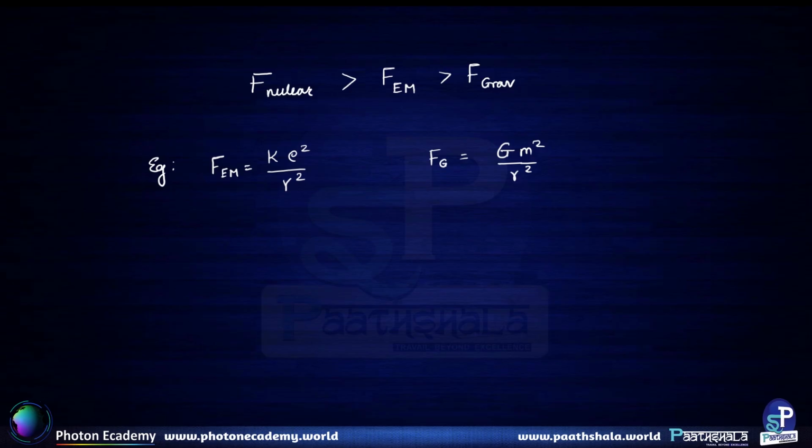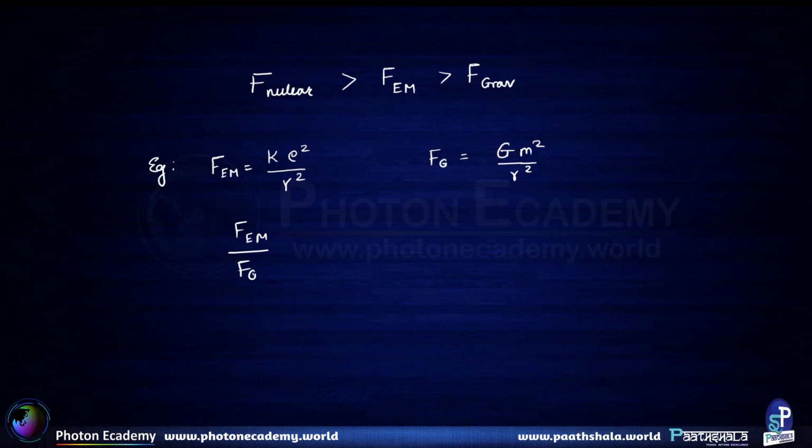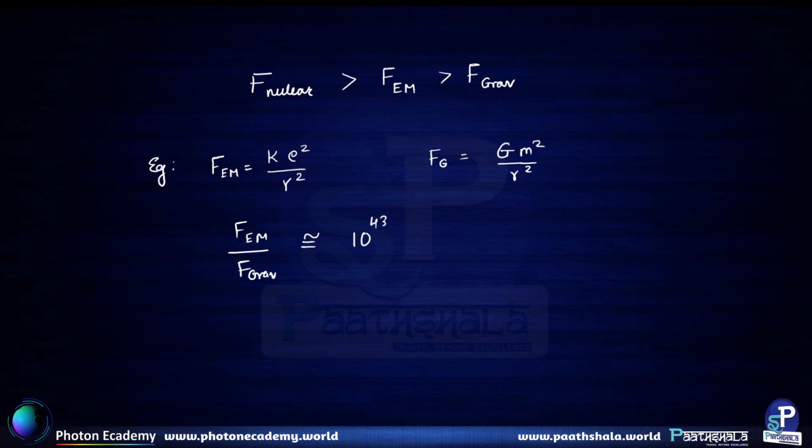If we take the ratio, F electromagnetic divided by F gravitational, the ratio comes to be of the order of 10 raised to 43. That means the gravitational force is 10 raised to minus 43 times the electromagnetic force, or the electromagnetic force is 10 raised to 43 times as strong as the gravitational force. So the electromagnetic force is extremely strong compared to the gravitational force.